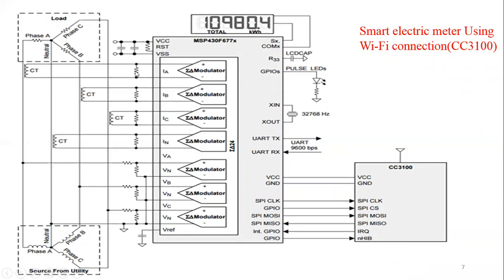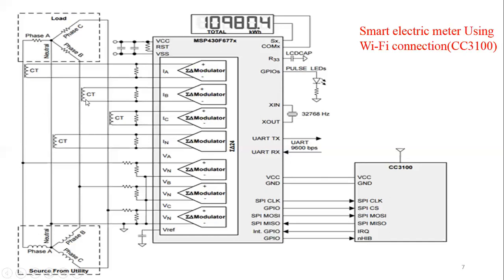Here we have a three-phase system: phase 1, phase 2, phase 3, or phase A, phase B, phase C, with the neutral, which is connected to the ground. That's why we have a three-phase system shown in the diagram.